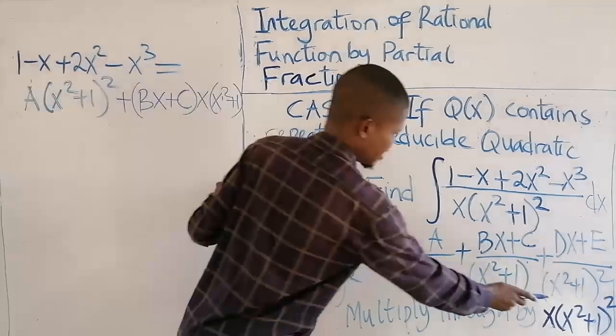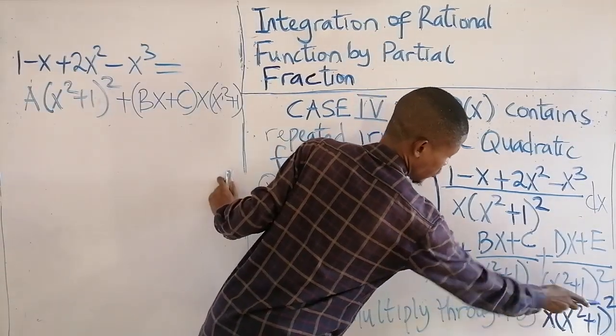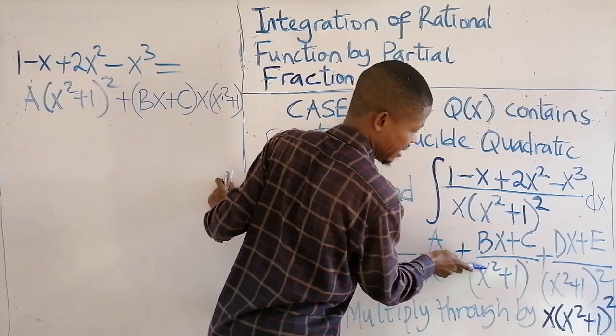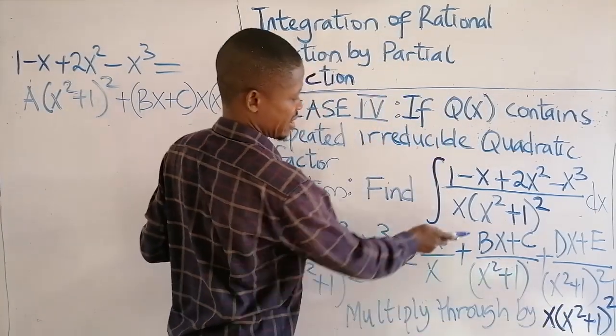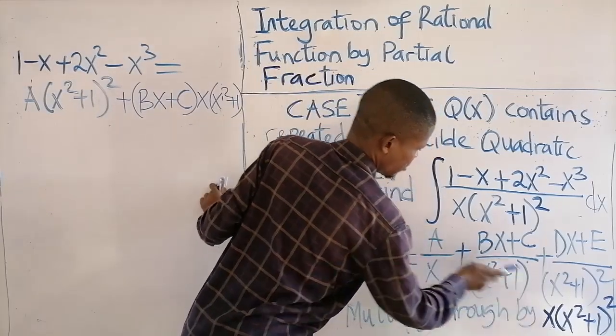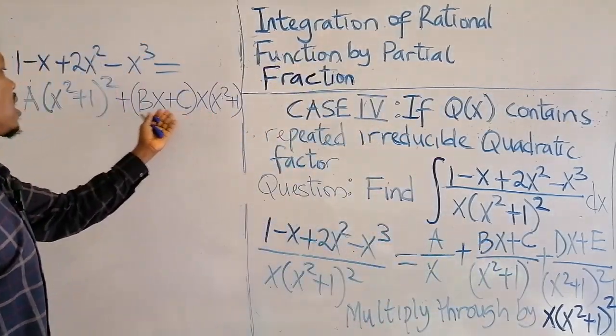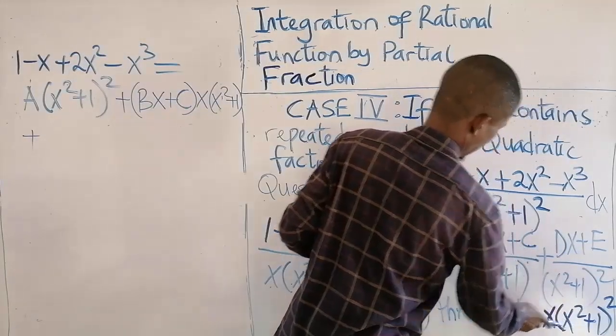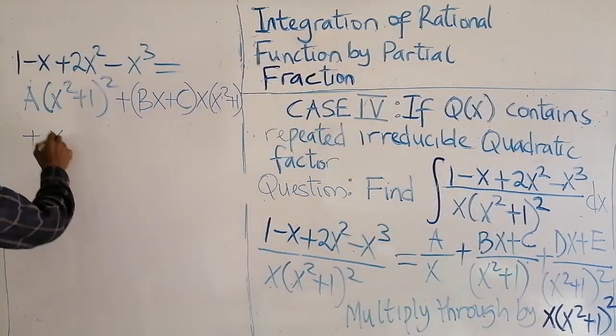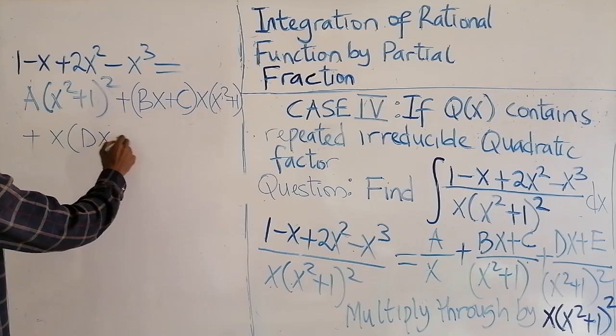Don't forget that this is a double, x squared plus 1 squared, so this and this will cancel, and it will remain as this. Then we have the last part times the common factor, so we have this times this one.